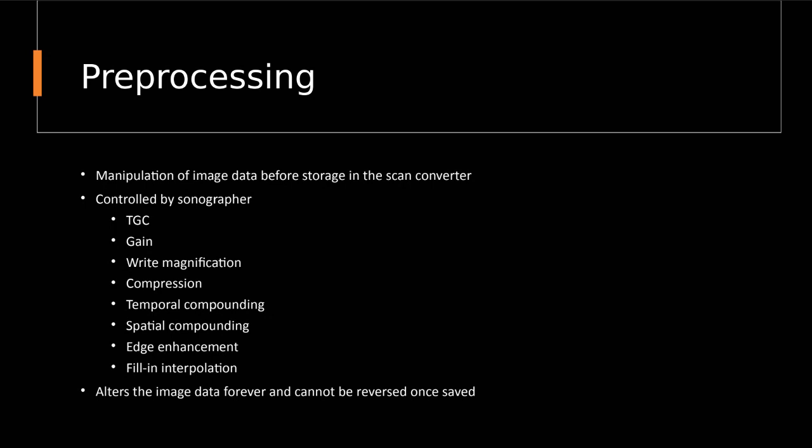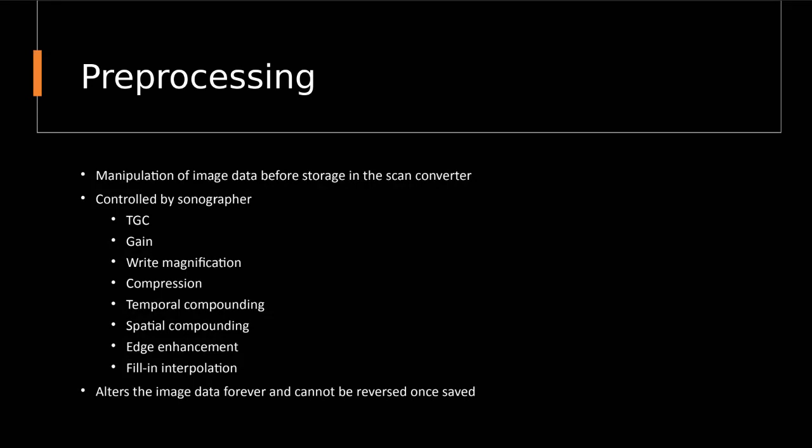We can change our edge enhancement, which is going to go hand in hand with contrast, and we'll also get to that, as well as fill-in interpolation. So a lot of things that we can change in terms of that image information before it's stored in the system. This is going to alter the image information forever. So once you pre-process your scanning information and then you hit freeze, that's it.